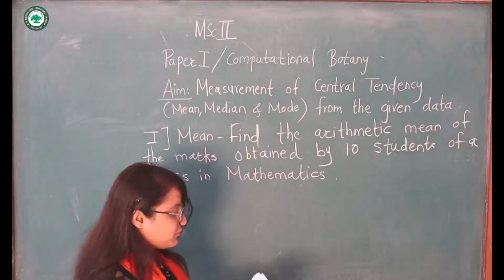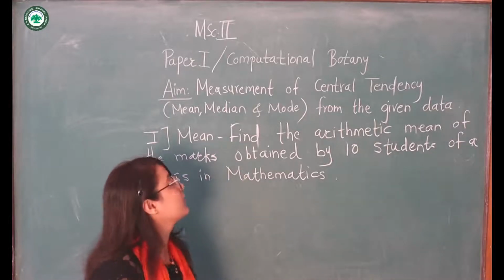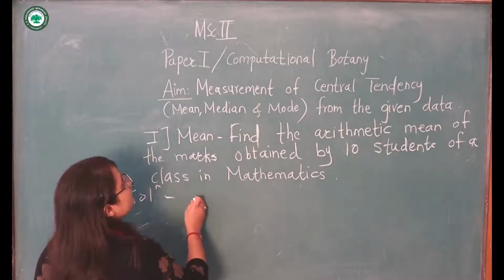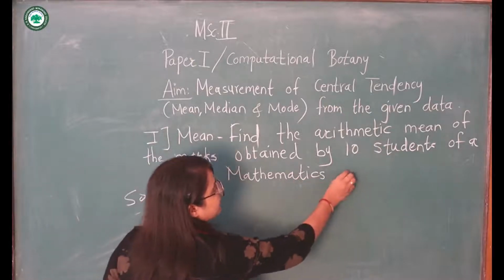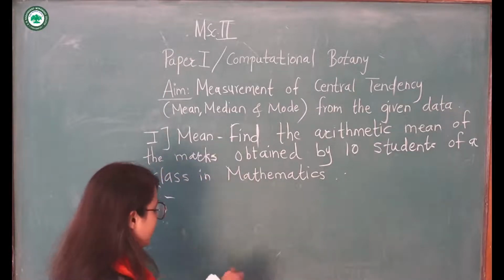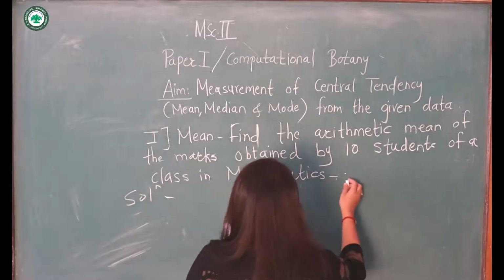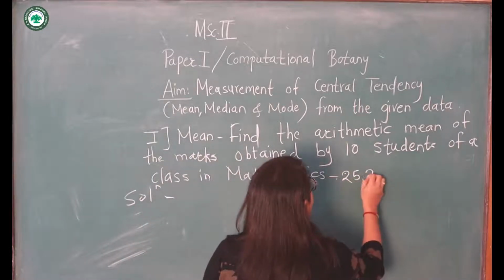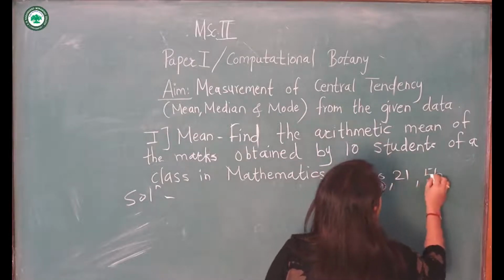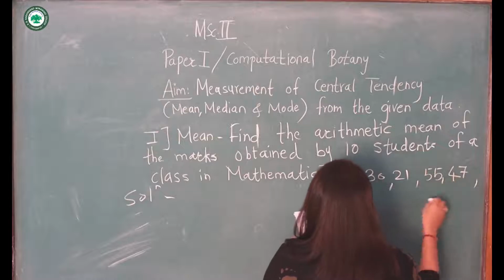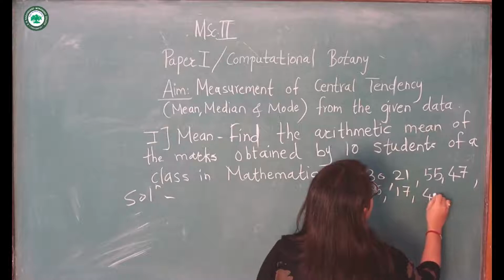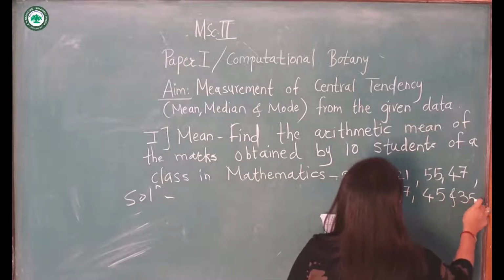Let's see the solution. First, whatever numerical values are given in the data, you have to write down in the solution: 25, 30, 21, 55, 47, 10, 15, 17, 45 and 35.